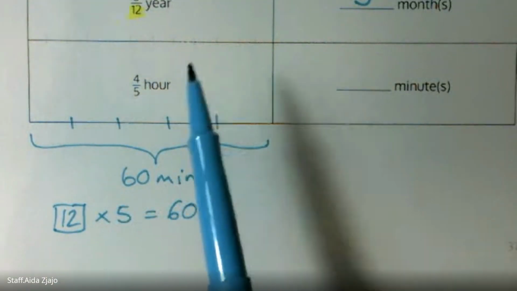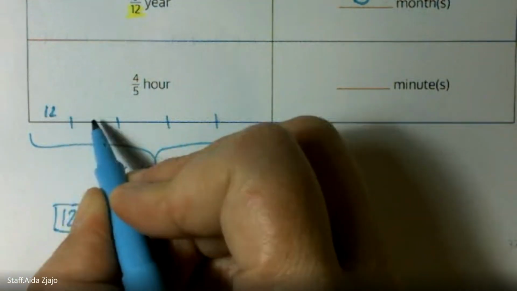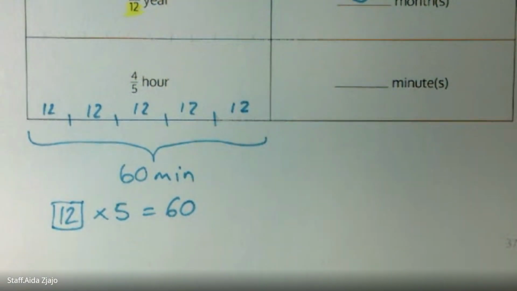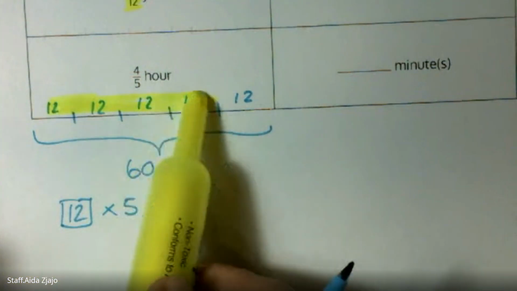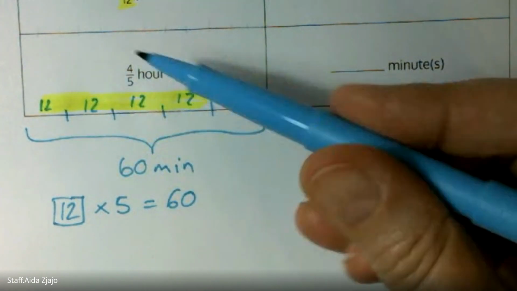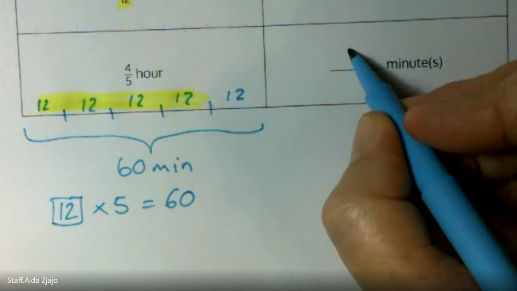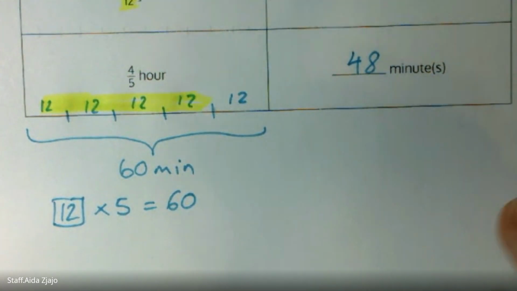We can think about what times 5 makes 60, so 12 minutes, so each fifth is 12 minutes. But we only have 4. So if we add all these 4 out of 5 pieces, it's going to be 12, 24, 36, 48 minutes, which should be 4/5 of an hour.